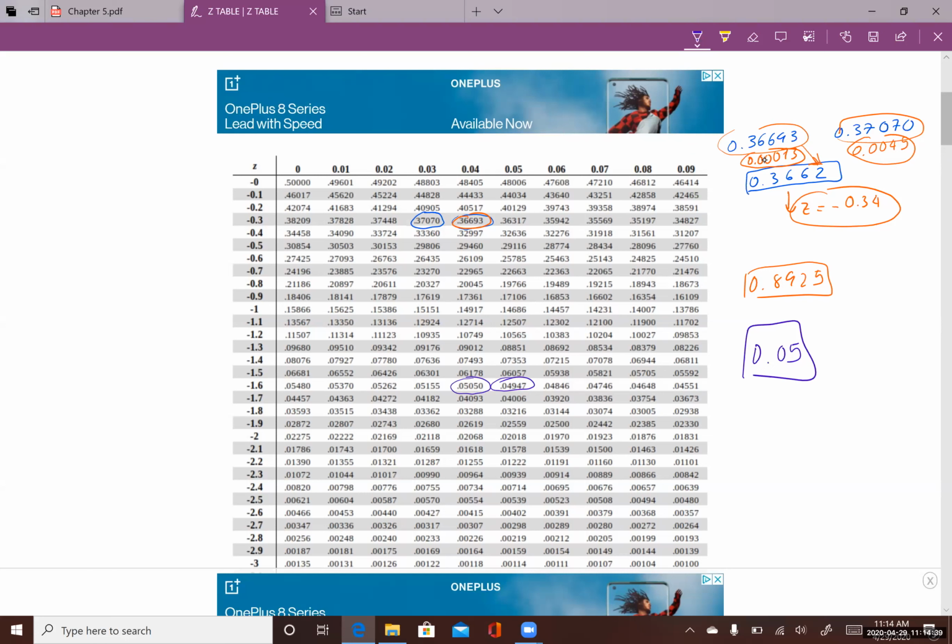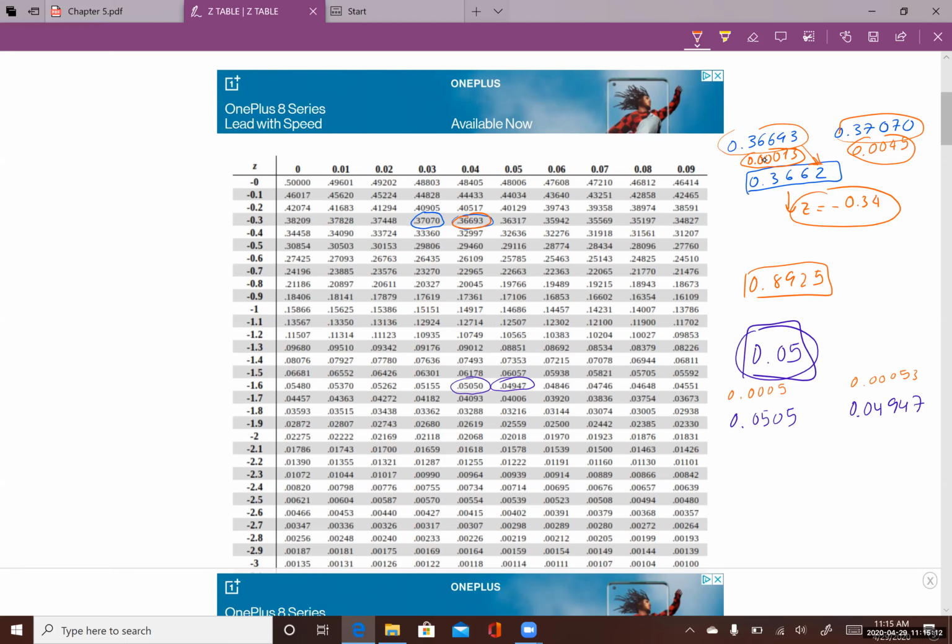So I found the two values, right? You have 0.0505 and you have 0.04947. The differences between these two values and 0.05 are very small. This one is 0.00009 and this one is like 0.00053.